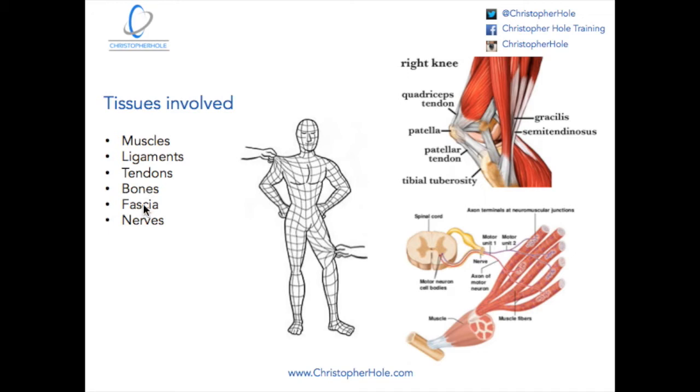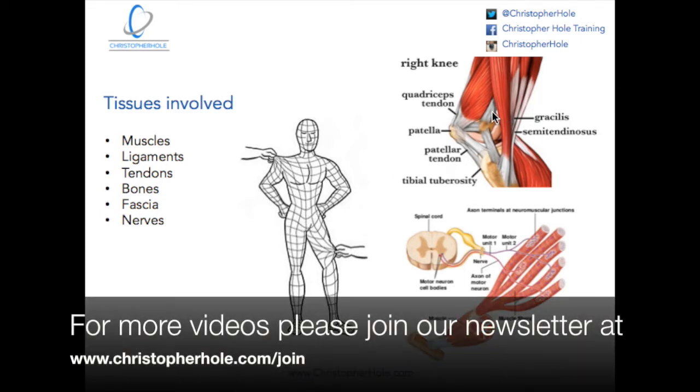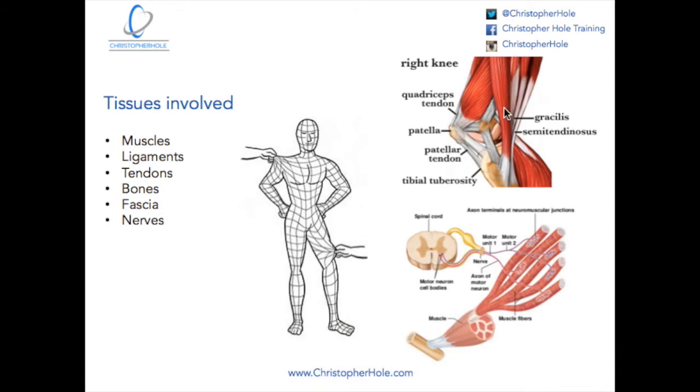Now, I'll quickly overview fascia a little bit more than the maybe more familiar muscles, ligaments, tendons, and bones. Fascia is a connective tissue that joins your foot to your shoulder, if you will. It's an interconnected web of tissue that lies in between all of your muscles, all of your ligaments, all of your tendons, through your bones. So it's connecting the whole body together.